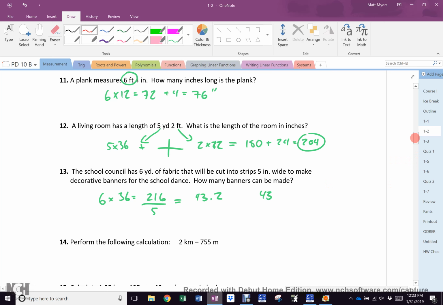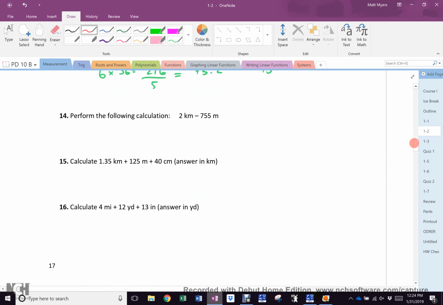Okay. How many different ways could you do the calculation for number 14? Levi, what's one way you could do it? You could do 2,000 minus 755, and that would get you 1,245 meters. What else could you do?